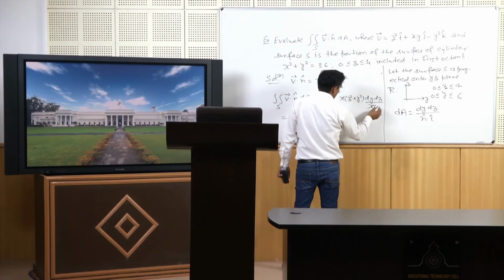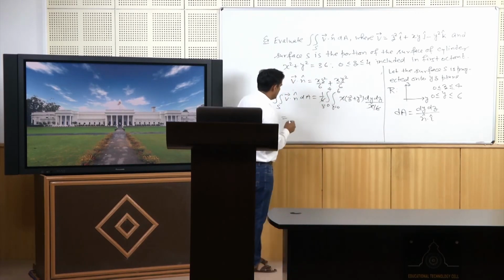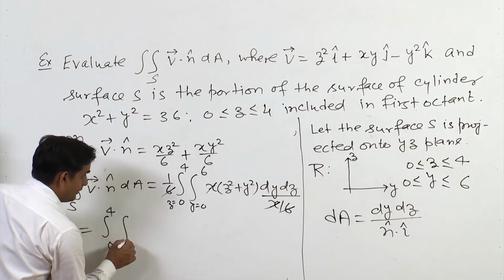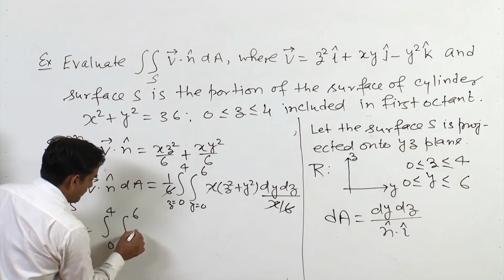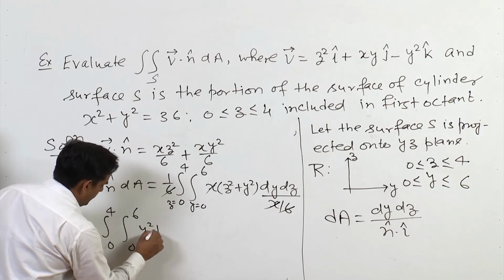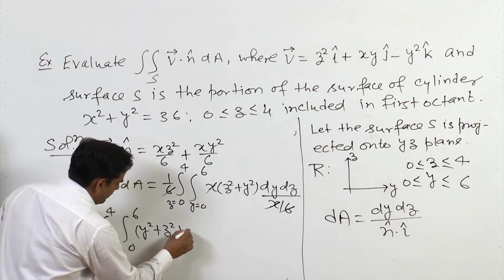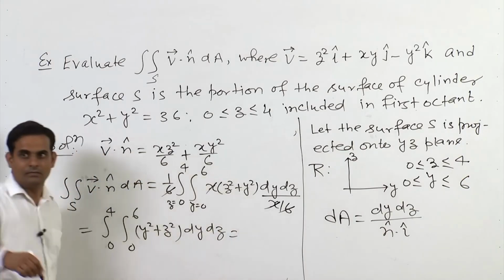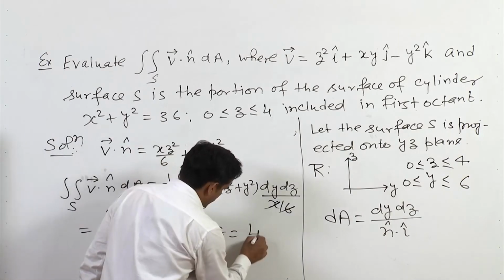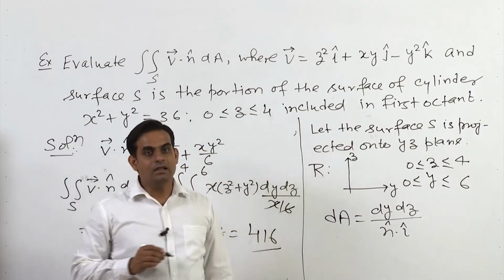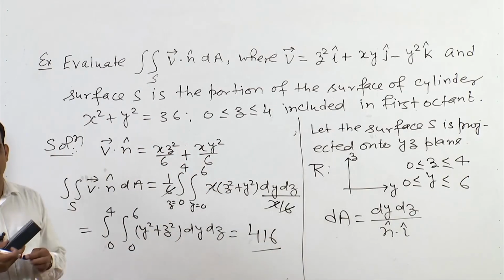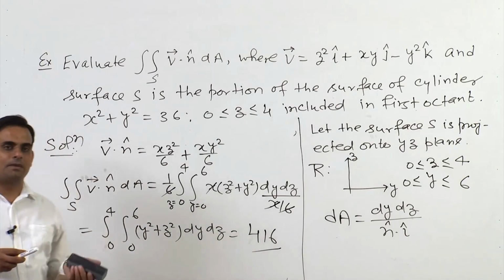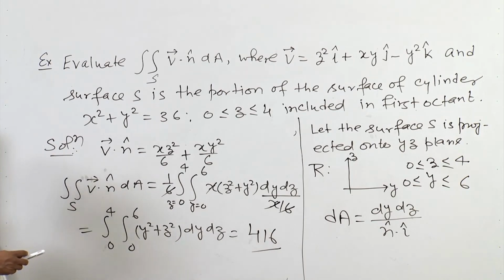So the x cancels, the 6 cancels, and I simply get the integral for z from 0 to 4, y from 0 to 6, of (y² + z²) dy dz, and this comes out to be 416. In this way we can evaluate the surface integral of vector functions.